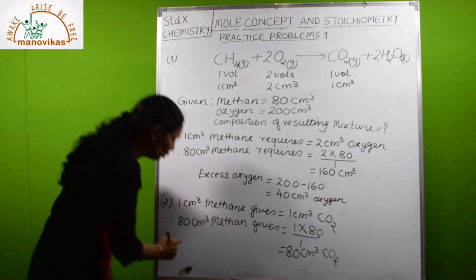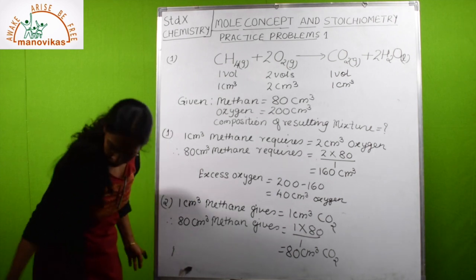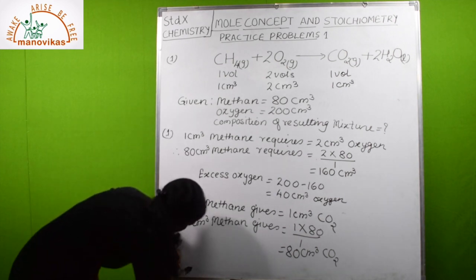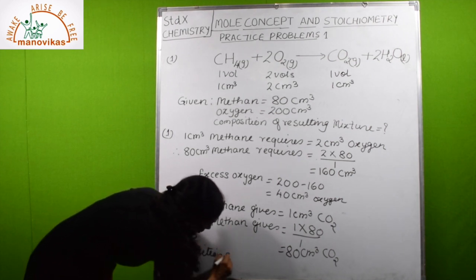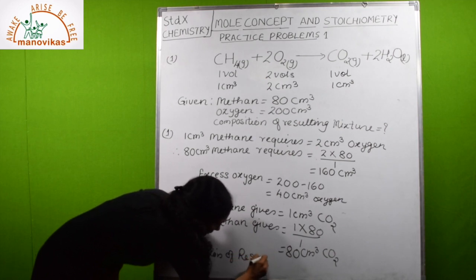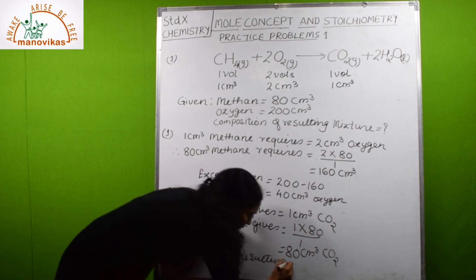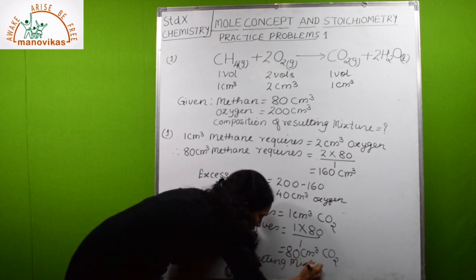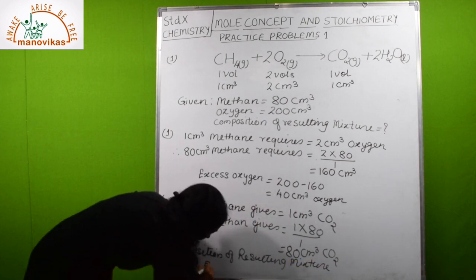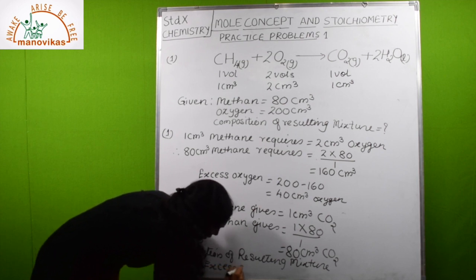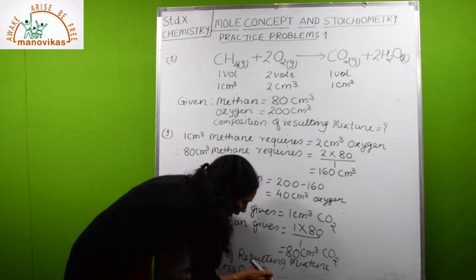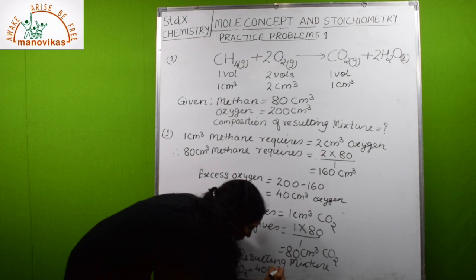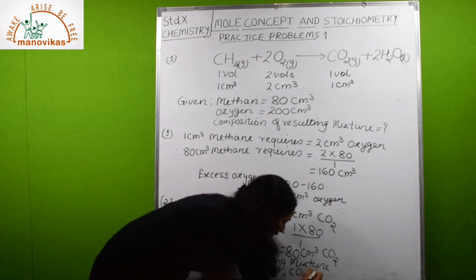What is the resulting mixture? So, you will write composition of resulting mixture. What is the resulting mixture? Unused or excess oxygen is 40 cubic centimeter and, what else? Carbon dioxide is 80 cubic centimeter.